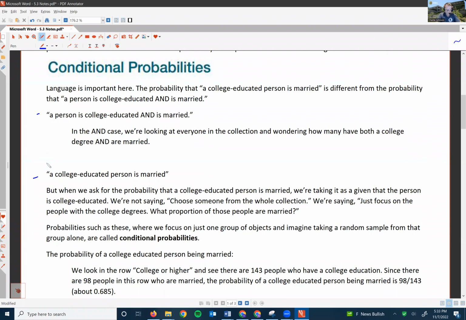The first one is a person is college educated and is married. In the and case, we're looking at everyone in the collection from this census and wondering how many both have a college degree and are married.